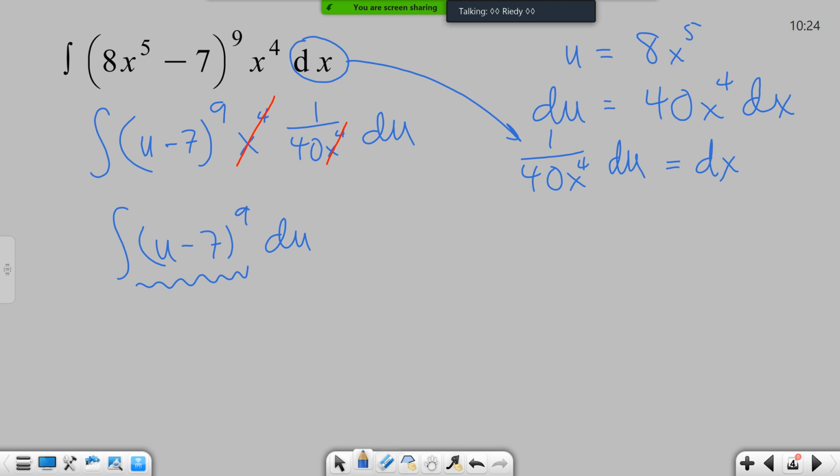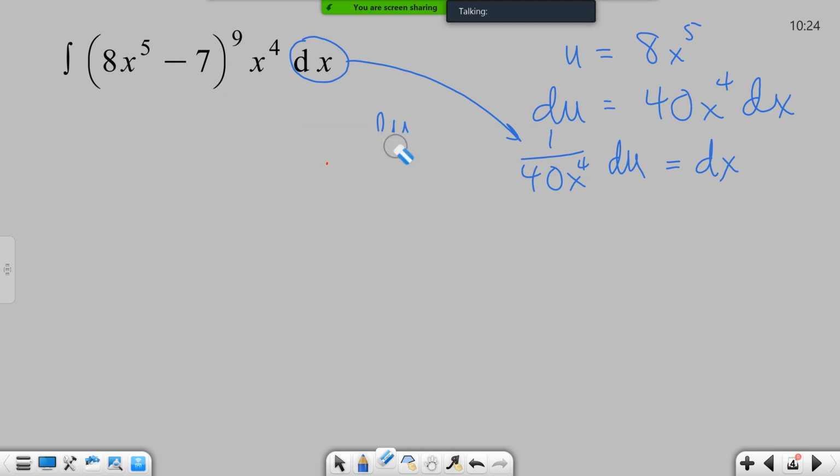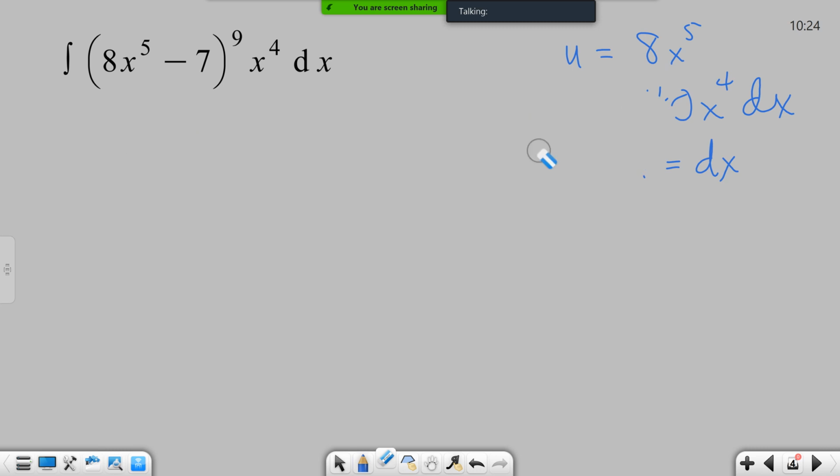All right, so let me erase. And I'll tell you that she was very close. You'll notice in the problem, there's a term that is a fifth degree term, and there's a term that's a fourth degree term.